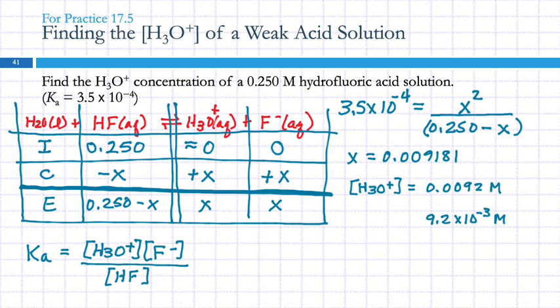So I'm checking the textbook, which is where I get all these problems, and they've got 9.4 times 10 to the minus 3. So that's what I got with the x is small approximation. So my slide has a mistake on it. Nice.